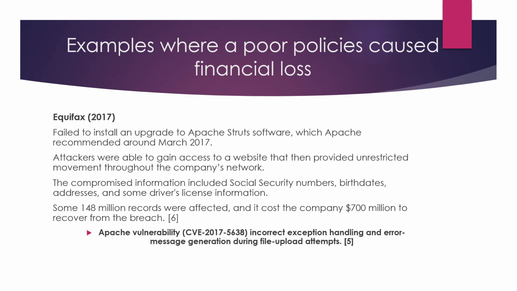As a result, attackers were able to gain access to a website that provided unrestricted movement through the company's network. The compromised information included social security numbers, birthdays, addresses, and some driver's license information. Some 148 million records were affected, and it cost the company $700 million to recover from the breach.